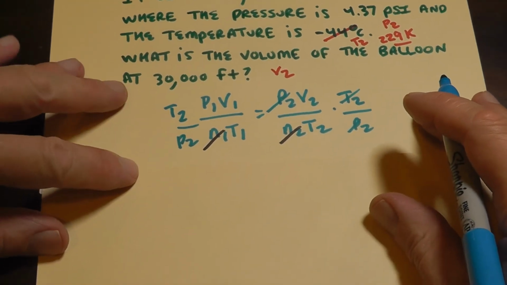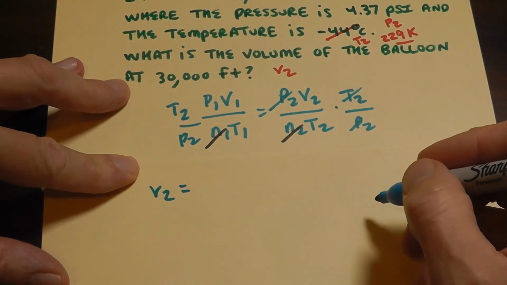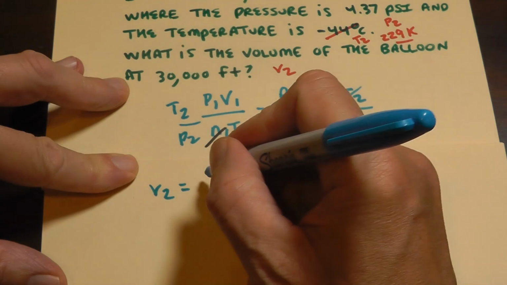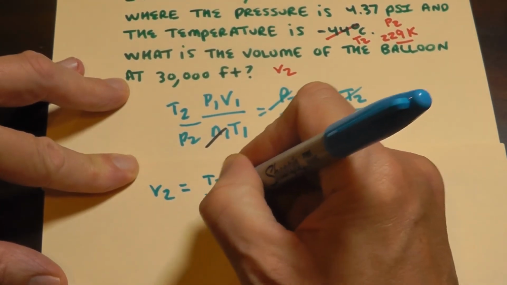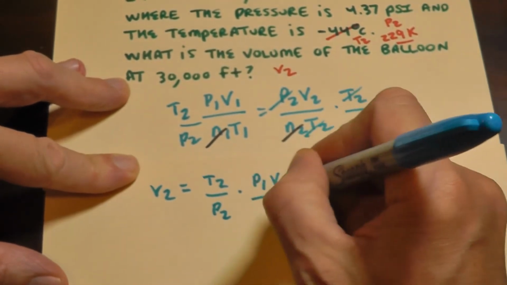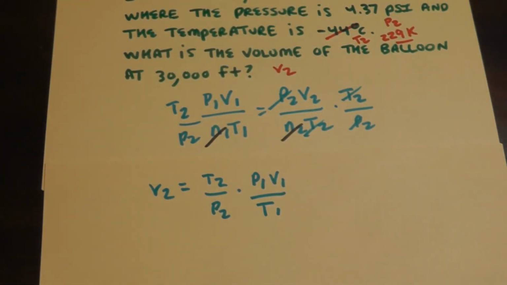I'm going to write it over again. V2 equals T2 over P2 times P1 V1 over T1. Now, you better get units of volume. All right, we better get units of liters.